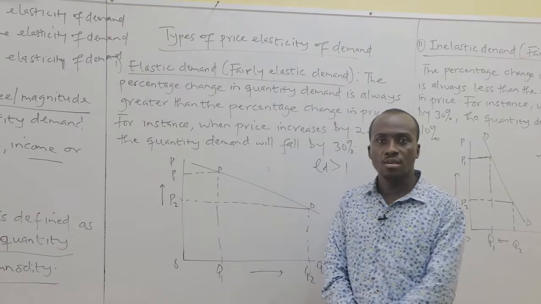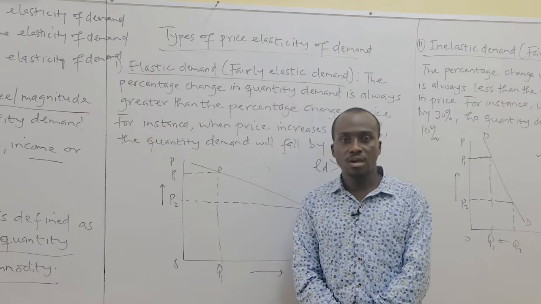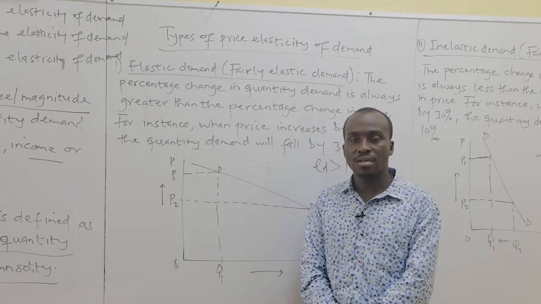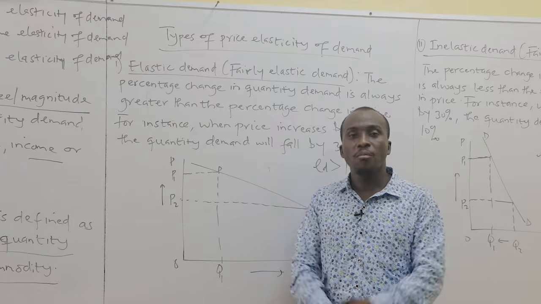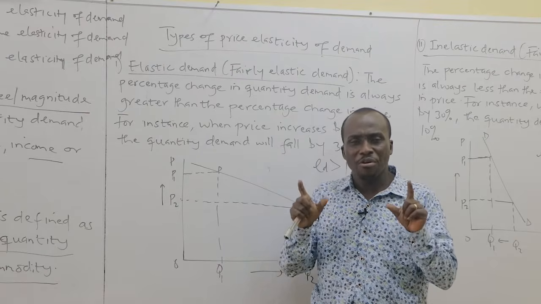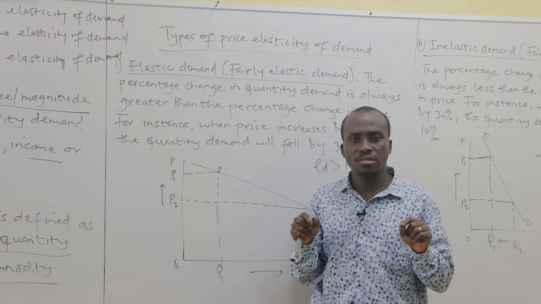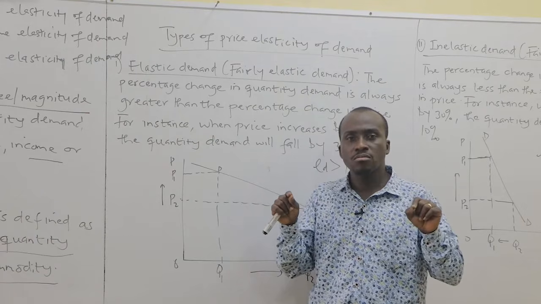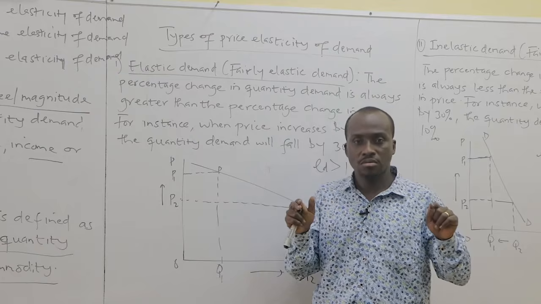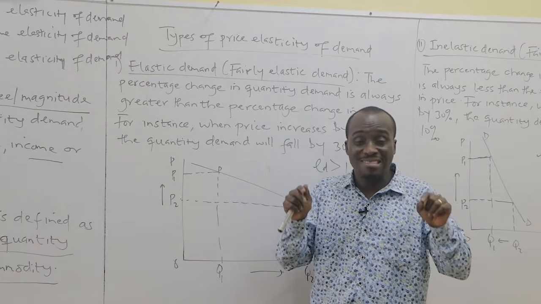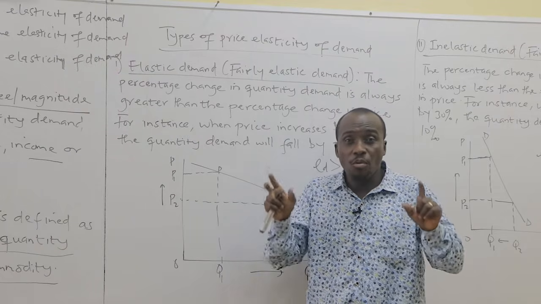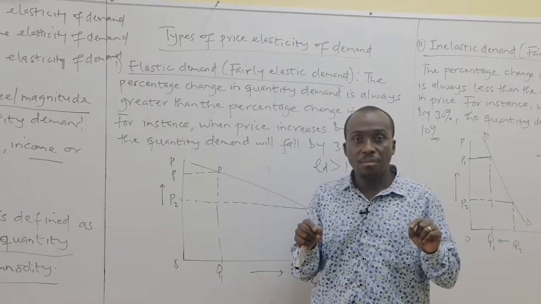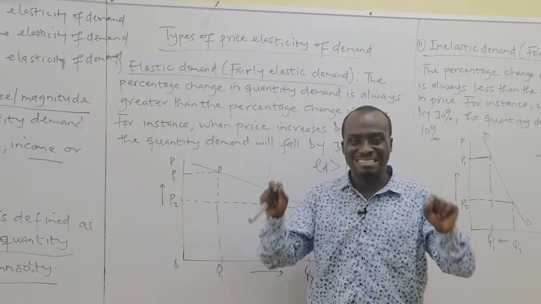Maybe you buy wheat, or cornflakes, and you discover that the product has elastic demand. It means the commodity is very sensitive to changes in price. If price increases by a small margin, a lot of people will stop buying the product. If the price decreases by a small margin, a lot of people will come and buy the product. That means the commodity is highly sensitive.